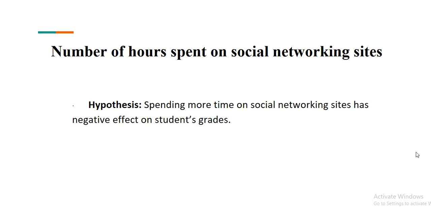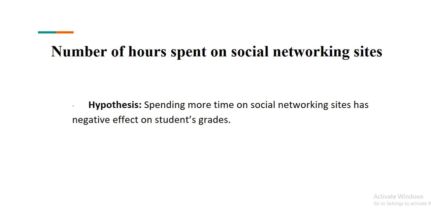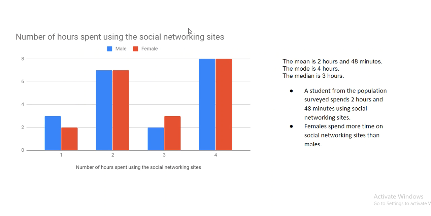So for a sub-hypothesis, we have that spending more time on social networking sites will have a negative impact on the students' academic performance. So based on this data, a student from the population surveyed spends 2 hours and 48 minutes using social networking sites.